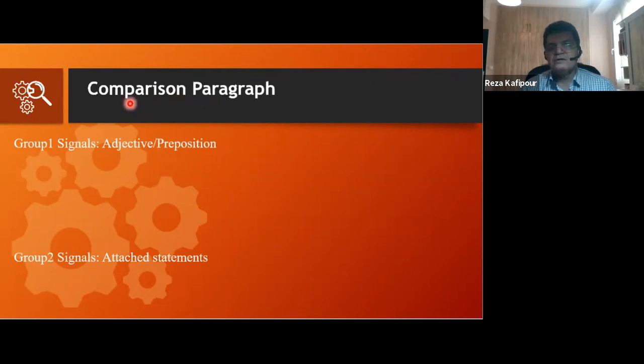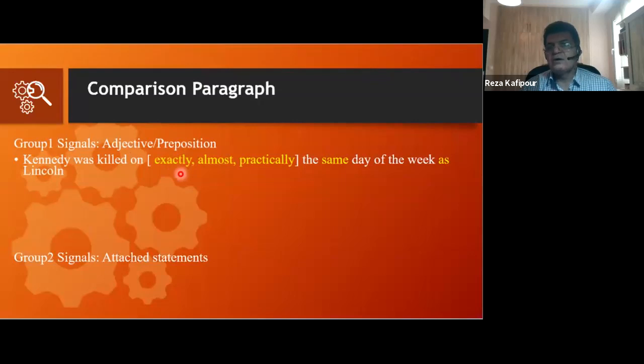So one of the signals that we can use in a paragraph of comparison is the use of adjective and preposition. So this is the structure. We may use a degree of comparison, but it is not mandatory. You may use it or you may omit it, using words such as exactly, almost, practically, something like that, that show the degree of comparison.